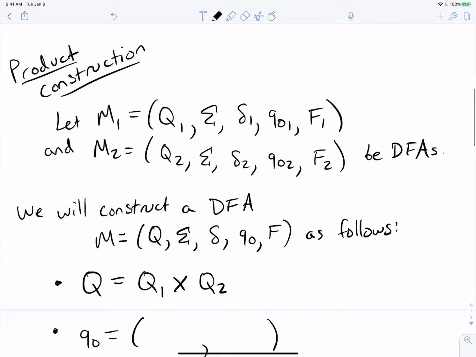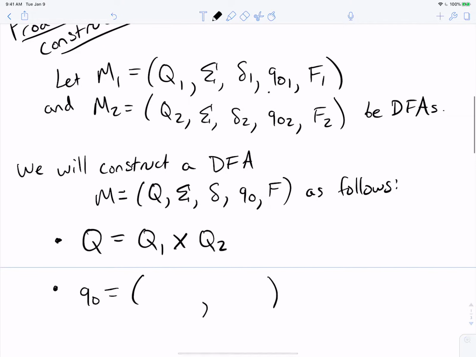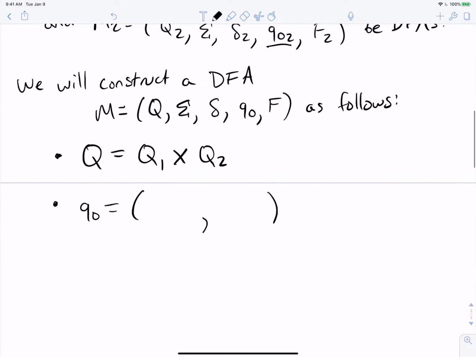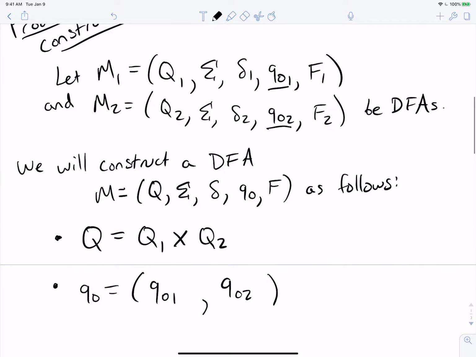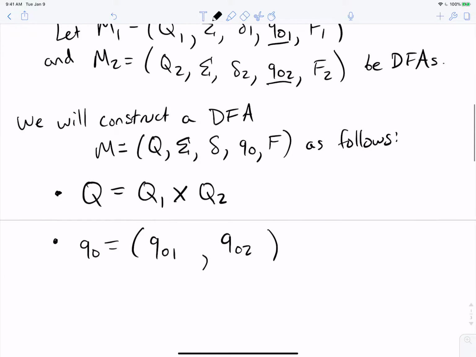Well, the start states of these two, I think, are Q01 and Q02. So I'm going to put those in as the ordered pair. Actually, let's do the transition function next because I want to hit the final states last.